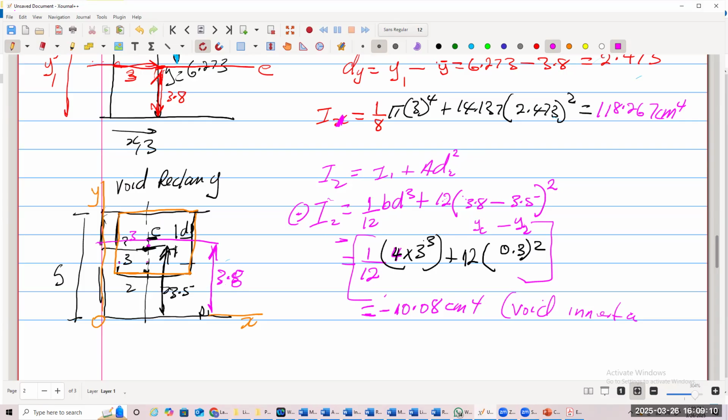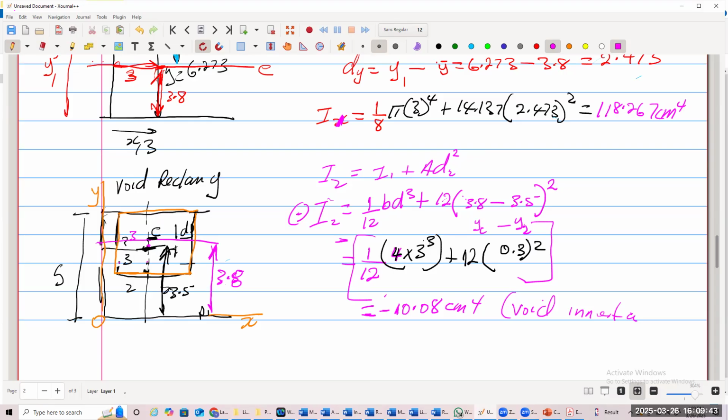Hold on. The one before was what? The void one is 10. No, you can't get 10 in centimeters, check it out again, man. Hold on. I might be mistaken. Let me look again. You sure? Something is wrong.